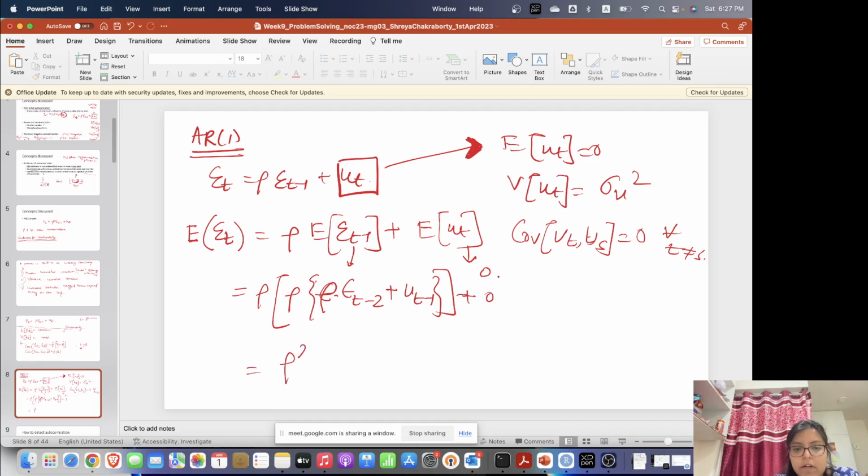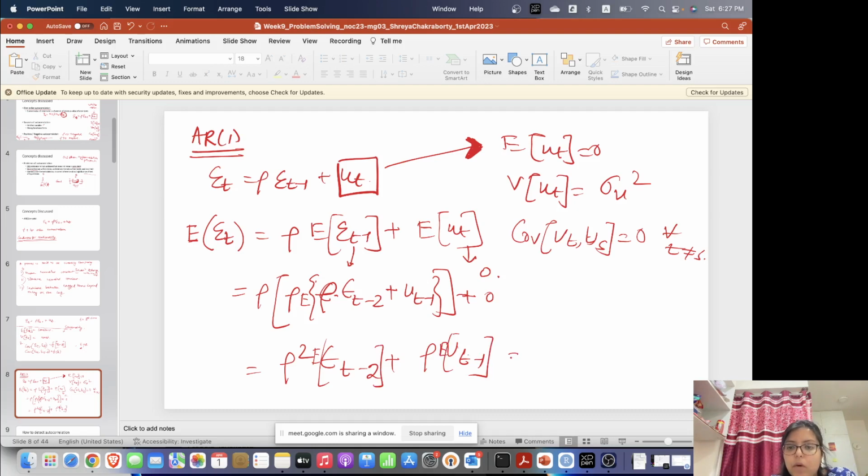Then this can be written as rho square epsilon t minus 2 plus rho ut minus 1, in expectation, so this part is also 0.